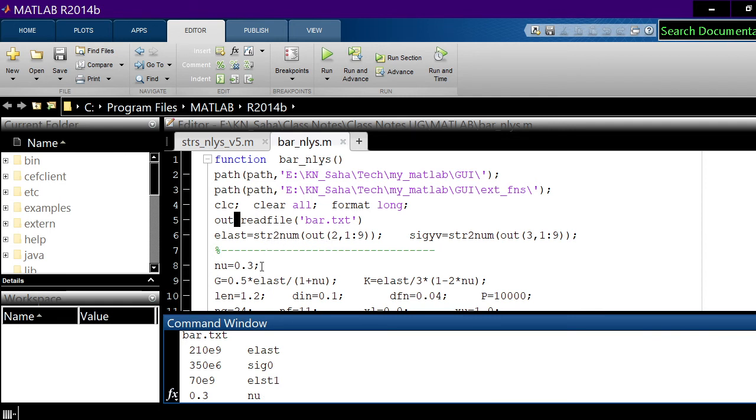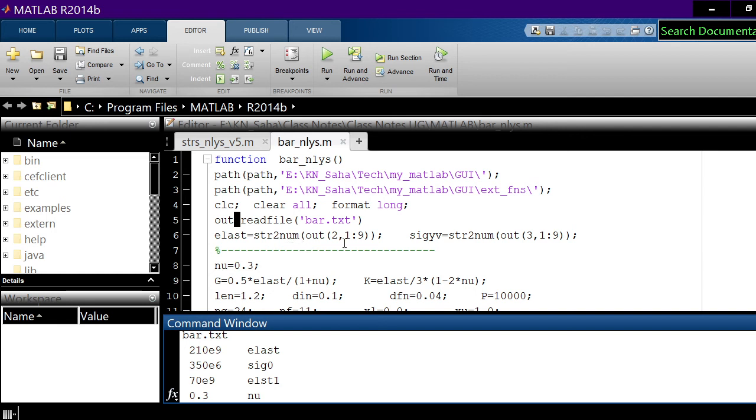It is specified explicitly. So instead of that, we could have written new equal to, this is the read command. Actually read file will give this particular file into the variable out, okay, and from this out there is a conversion from string to numeric value.